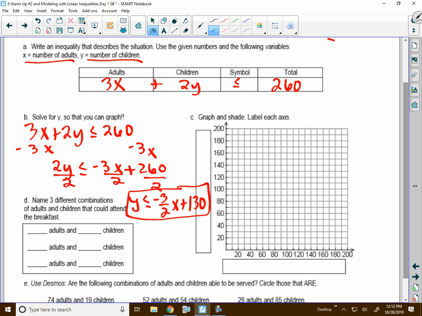Okay, we're going to go ahead and graph. Before we do that, we need to fill in our axes. So for x, what does x mean? Number of adults. Okay, and y means number of kids, or children, if you want to put children as well.